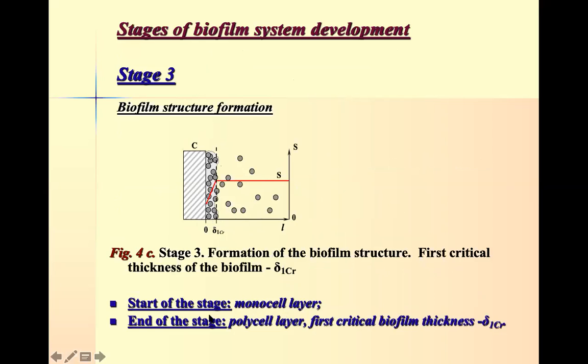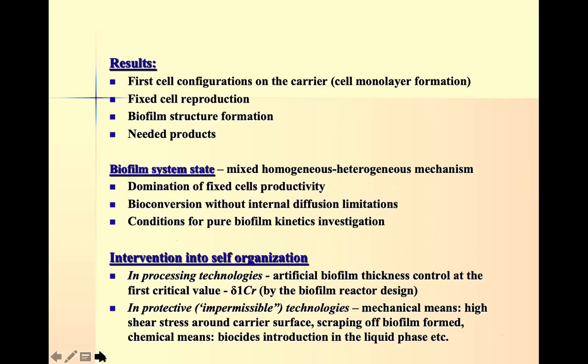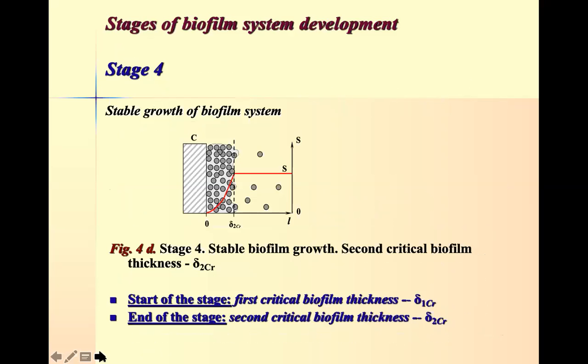So start of the stage monolayer, but end of the stage polycell layer, first critical biofilm thickness developed. So you can easily understand the biological phenomena like I previously discussed. Results also similar. So you can go through, and if you have any problem, then you can ask me.